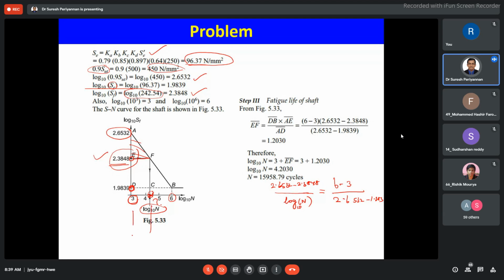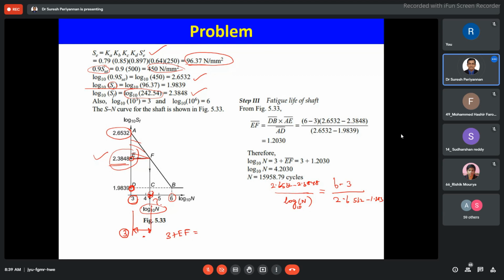What is this? We are always in high cycle fatigue, 10,000 cycles plus however many cycles there are. That's what we are considering, 3 plus EF. You may go like that also, log base 10 N minus log base 10 of 3, and finally you are going to achieve the same answer.